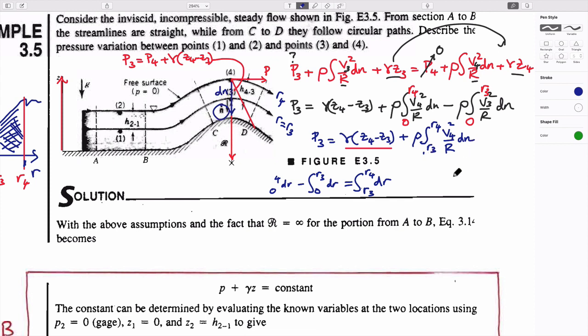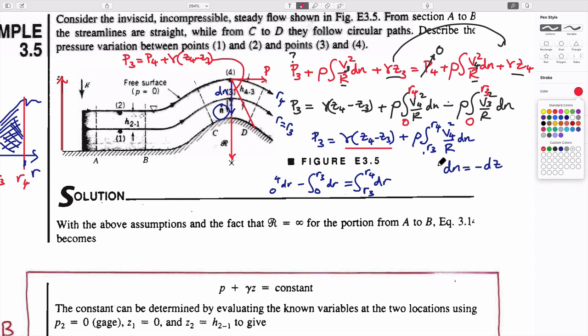So in other words, dn is equal to minus dz. And so if we substitute this integration here for the z direction, then this becomes a positive. Sorry, this becomes a negative.